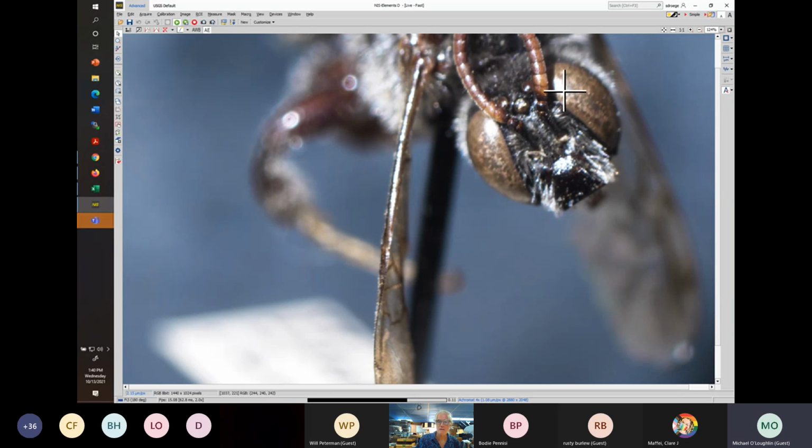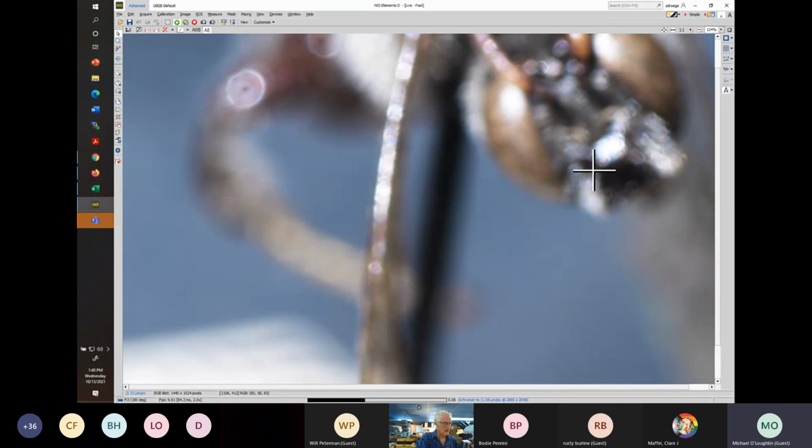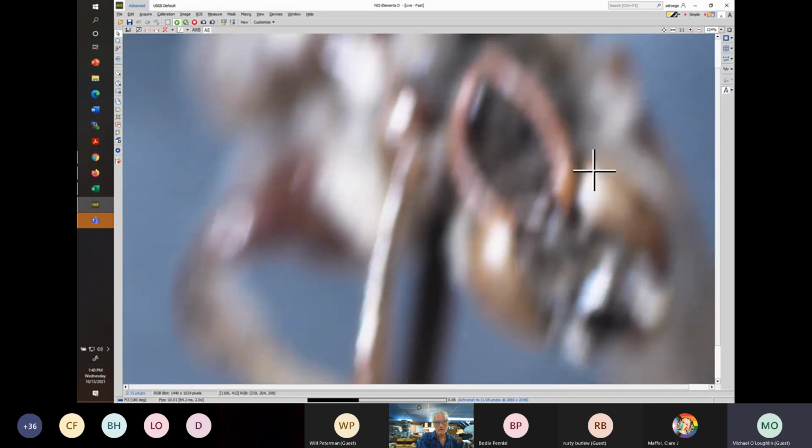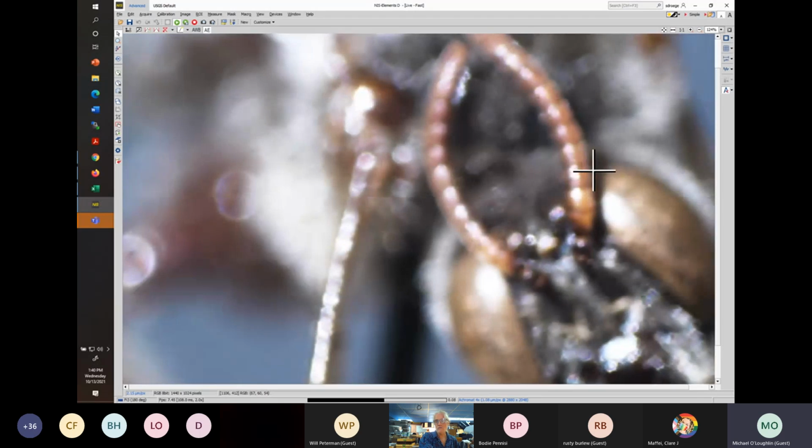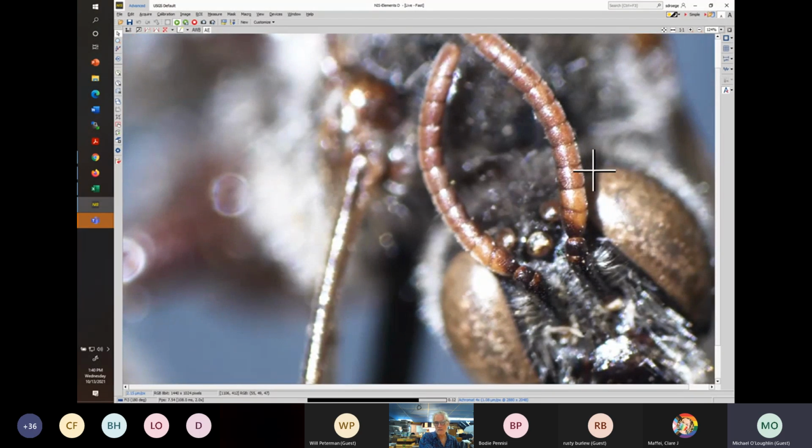In this case, it's the opposite. The eyes are not parallel. They're closer at the top of the head, the vertex, and look at the size of those ocelli. It's interesting. And then at the bottom, they're widely divergent. So that's probably one of the better characters. I have never caught one of these in the wild, so it would be very exciting to see this. So we are looking at something you want to be catching.